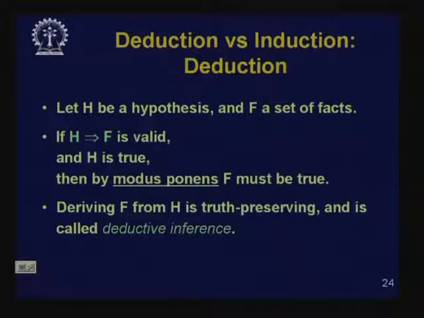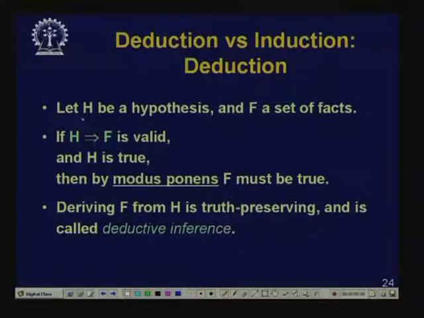Now, we will be using inductive inference for concept learning, and let us first see what we mean by inductive inference. Suppose H is a hypothesis and F is a set of facts. Suppose we know that H implies F. If this rule H implies F is valid, and H is known to be true, then by modus ponens, which you have studied, F must be true.